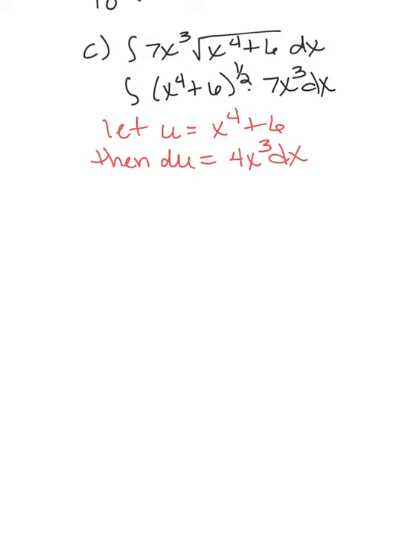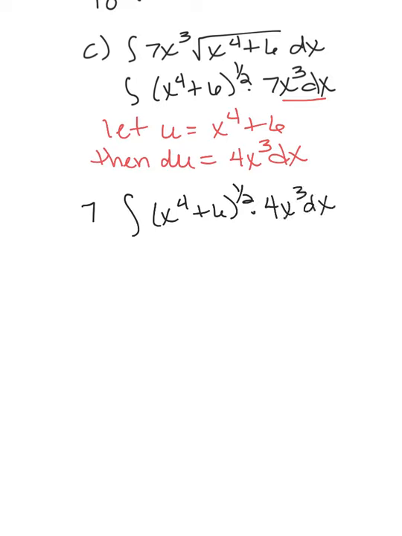When we look at our original problem, we have the x cubed dx. We've got a 7 in there that we don't need. So the first thing we're going to do is pull that 7 all the way out front. We need it out of the way, and anything that you need out of the way, you can pull out front. Then, to make our derivative portion exactly what it needs to be, we're going to force in the 4x cubed dx.